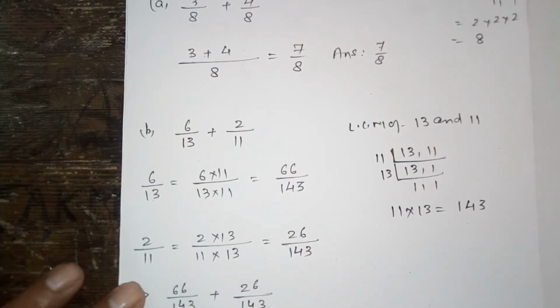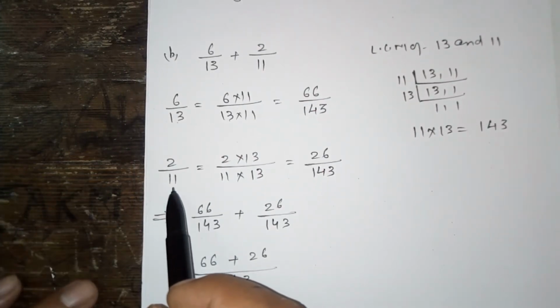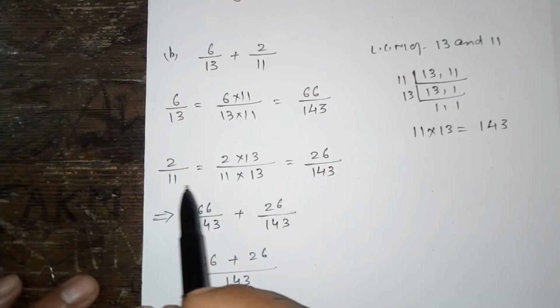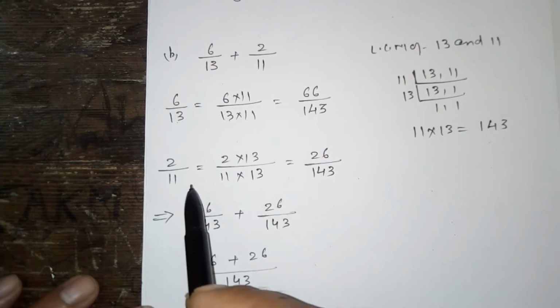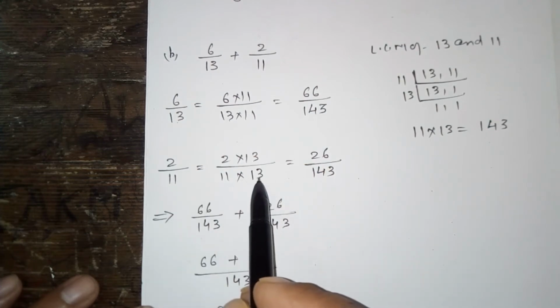Okay. Again 2 upon 11. In this question, 11 is to be converted to 143. How will you convert 11 to 143? It will be very easy for you. 11 multiplied by 13.